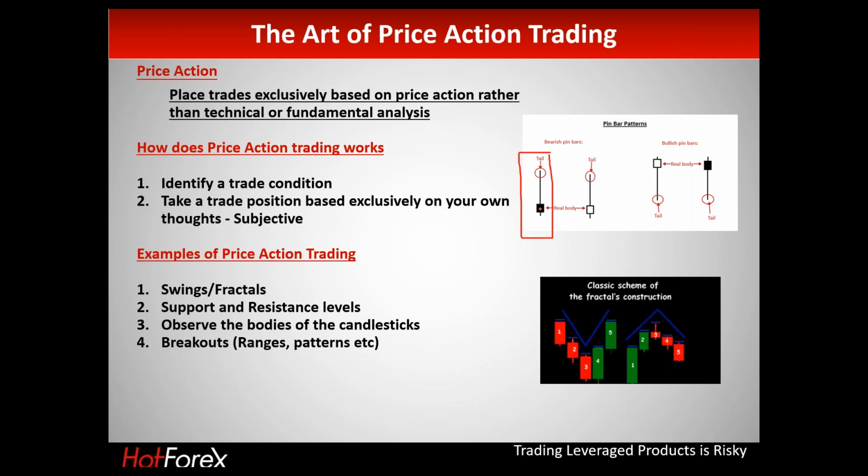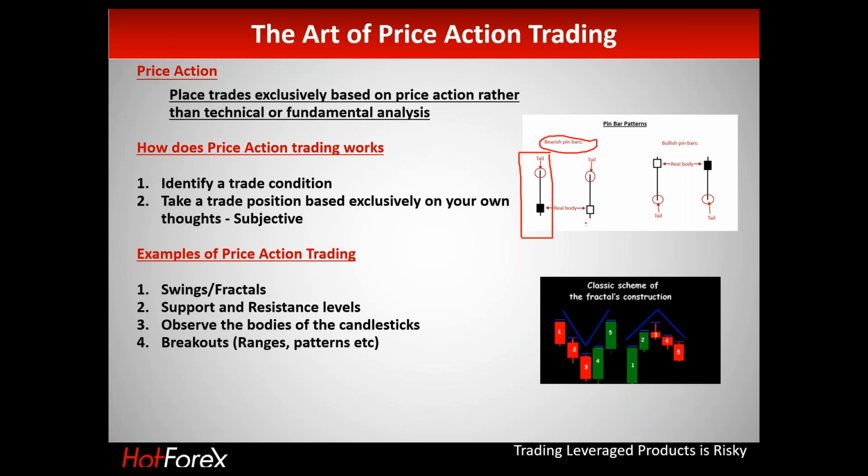and it's a small body one, but its tail has a very big wick, or whatever name you want to use. If the body is small and bearish and the tail is upwards, then this is a bearish pin.